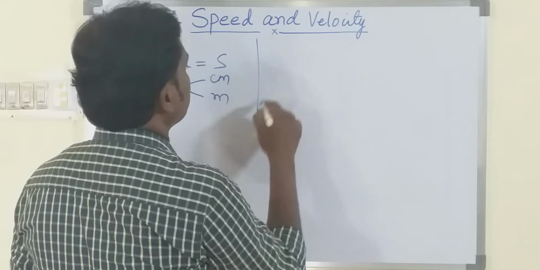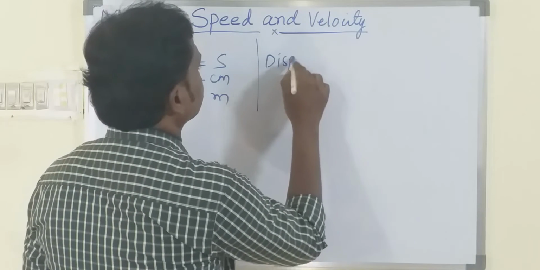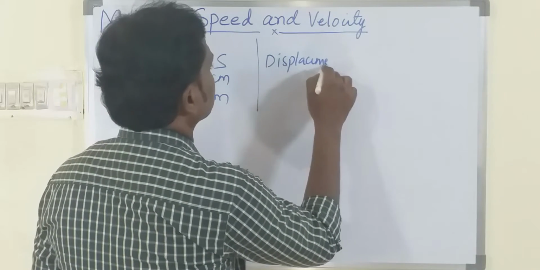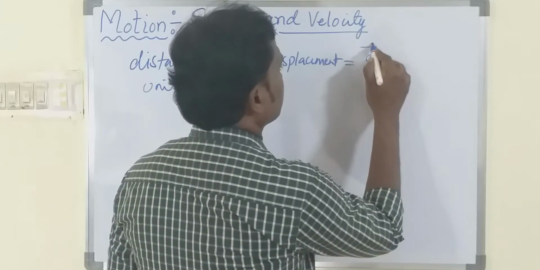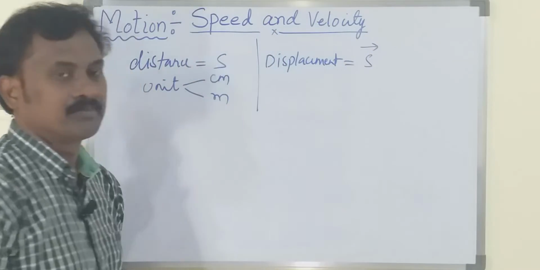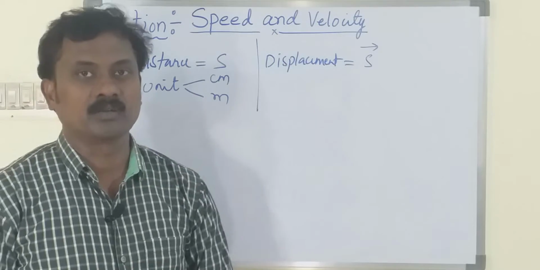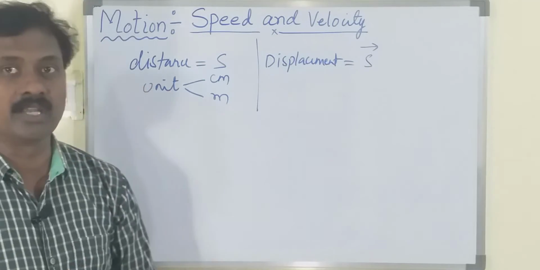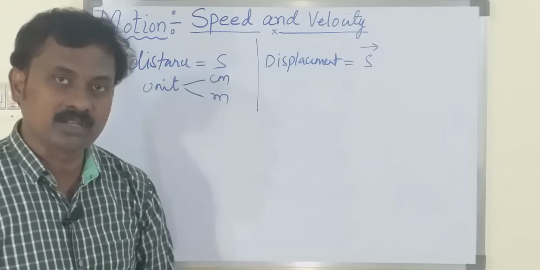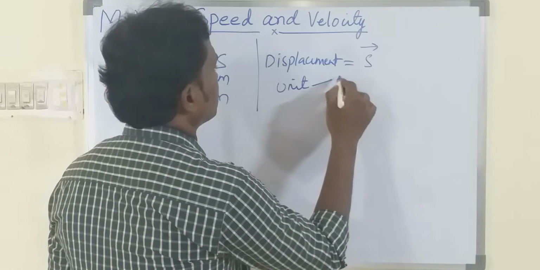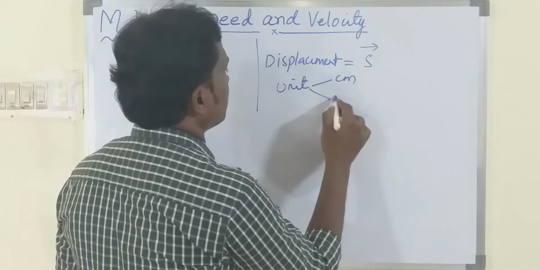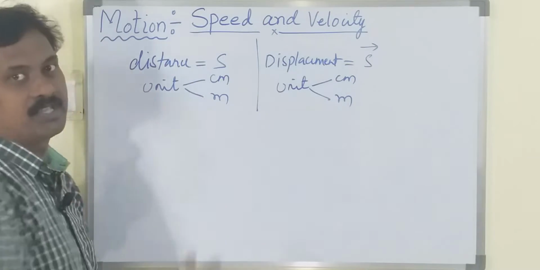And displacement is represented with letter S, but we are denoting S bar, which means that it is a vector quantity. Distance is a scalar quantity and displacement is a vector quantity. And coming to units, it's centimeter in CGS and SI is meter. The units are both same.